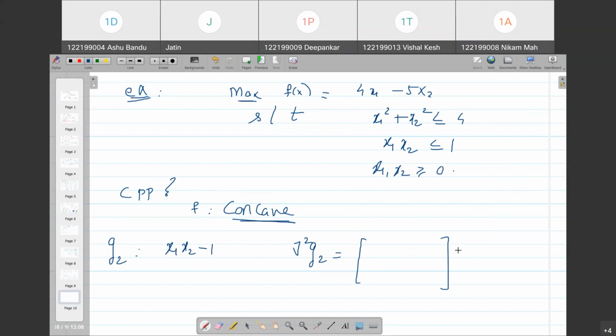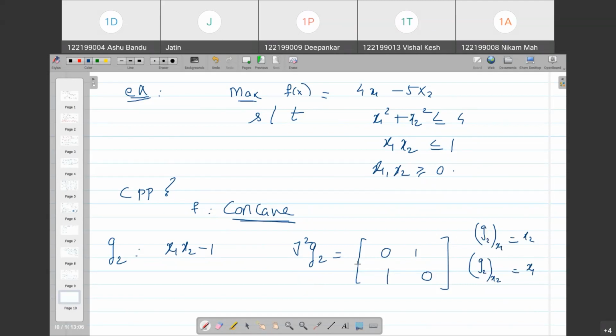Anybody? What is G2 with respect to x1? It is x2. What is G2 with respect to x2? It is x1. And when I take the second derivative, this becomes 0, 1 and 1, 0.